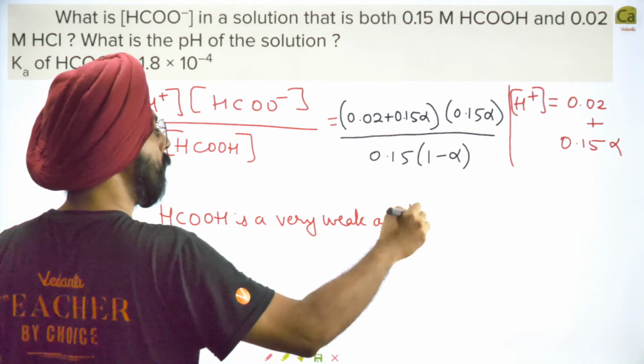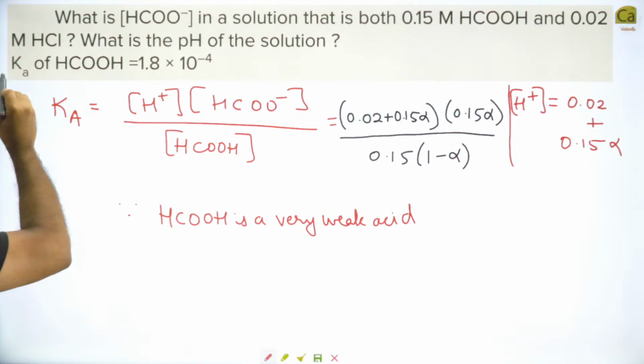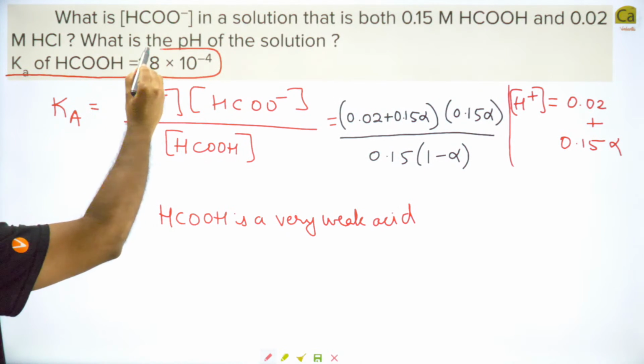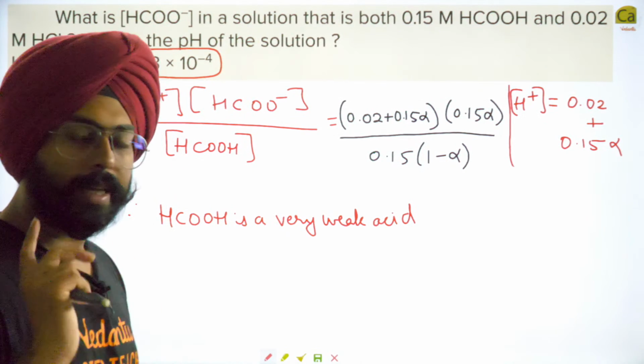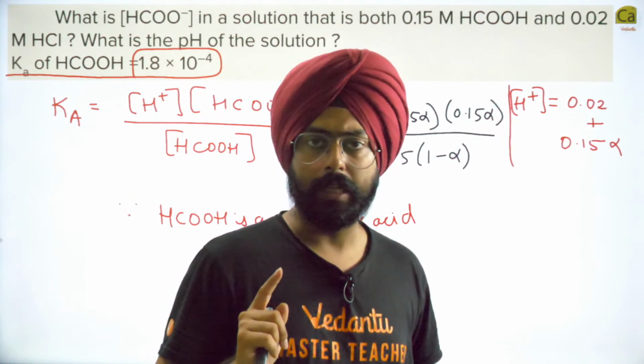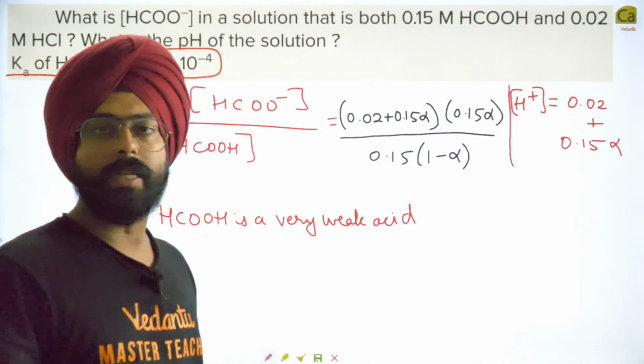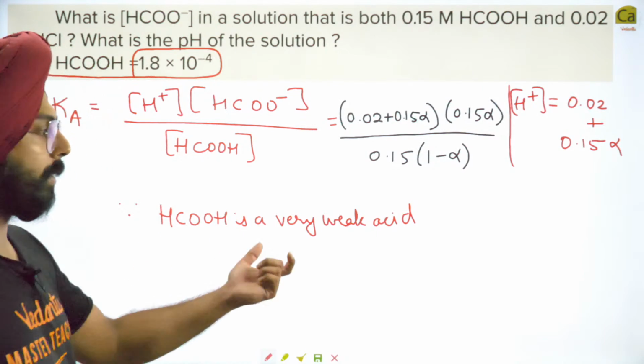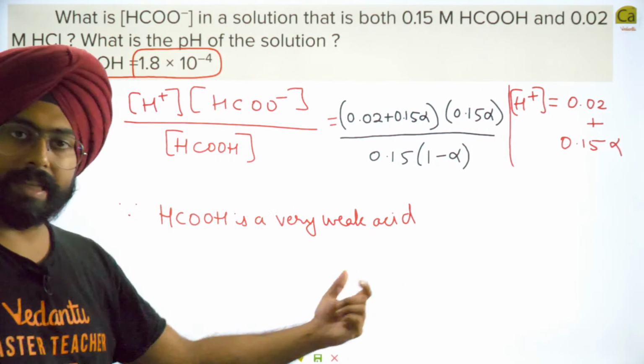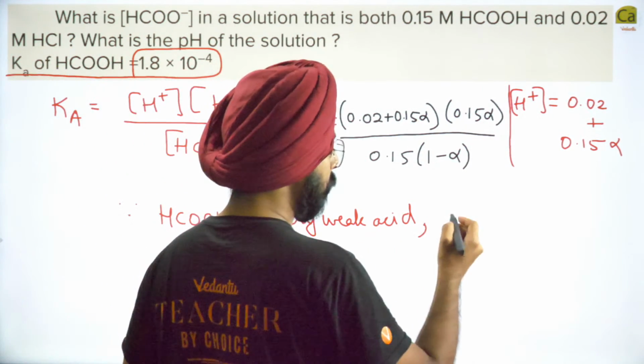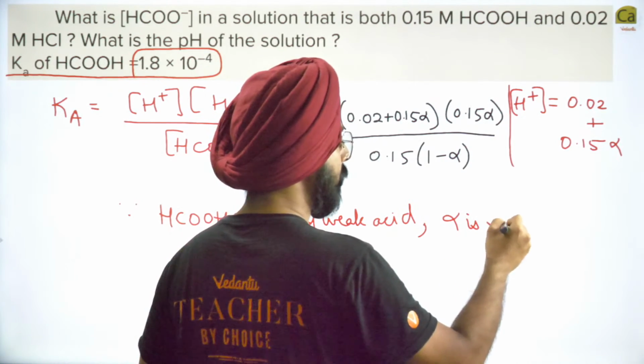Can you see it's a very weak acid because the Ka is less than 10 to the power minus 3. If Ka is less than 10 to the power minus 3, you can easily say that it's a very weak acid. And since it's a very weak acid, this implies alpha is very less.